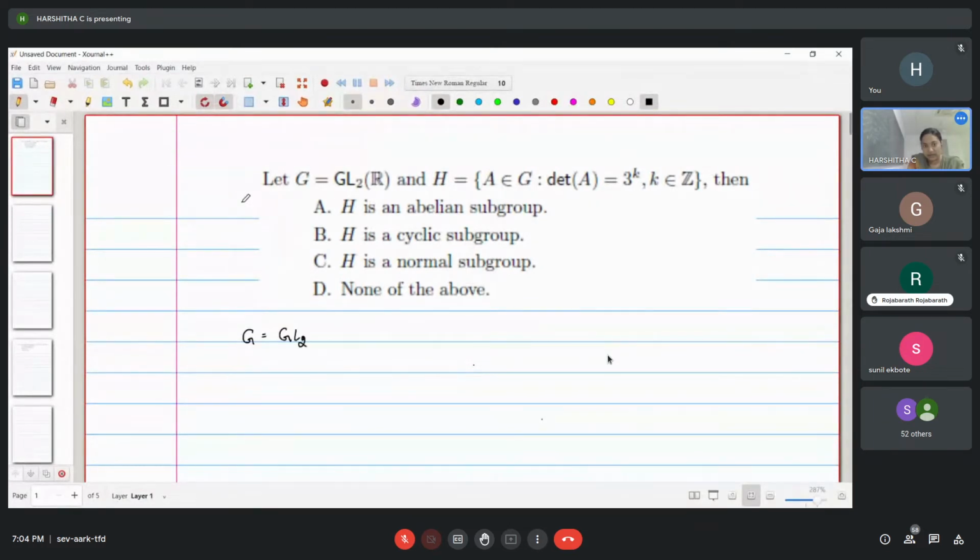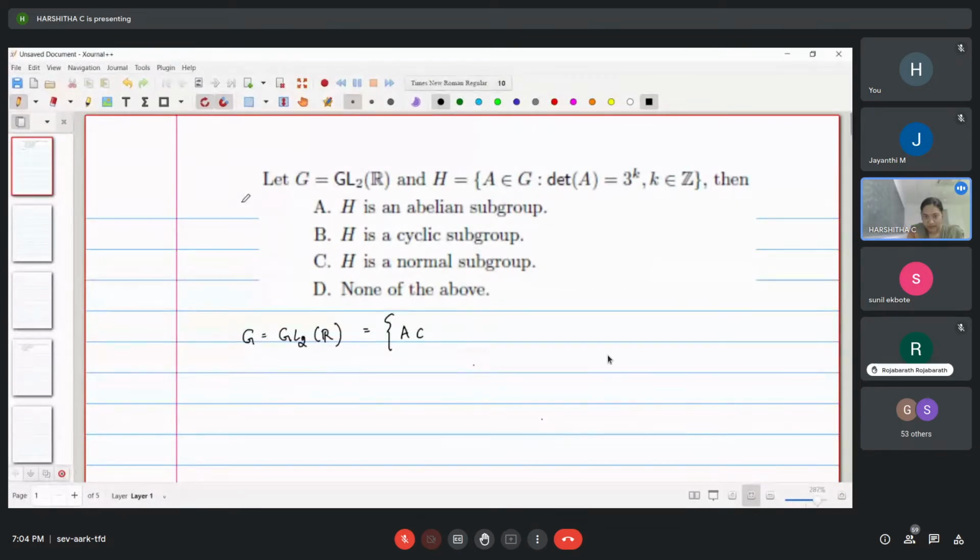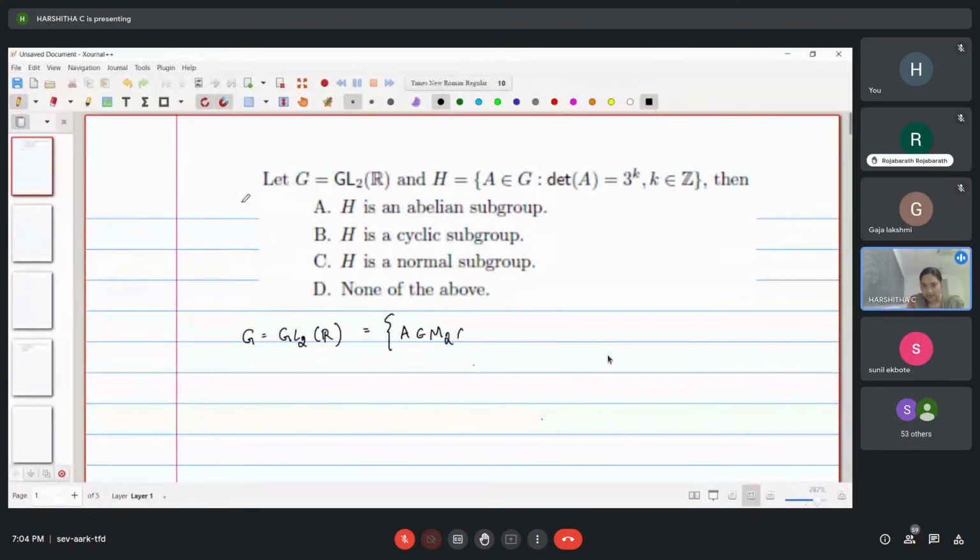It is all invertible matrices with entries in R. You can look at it as all the matrices in M2R such that A is invertible, or equivalently, determinant of A is not equal to 0.